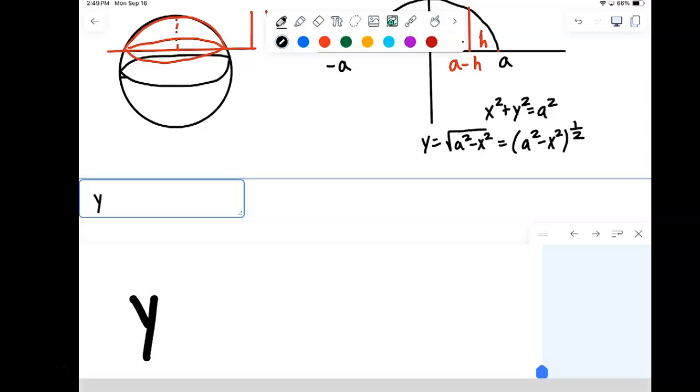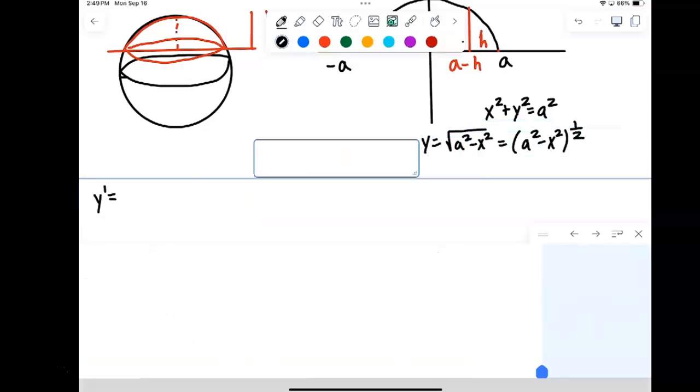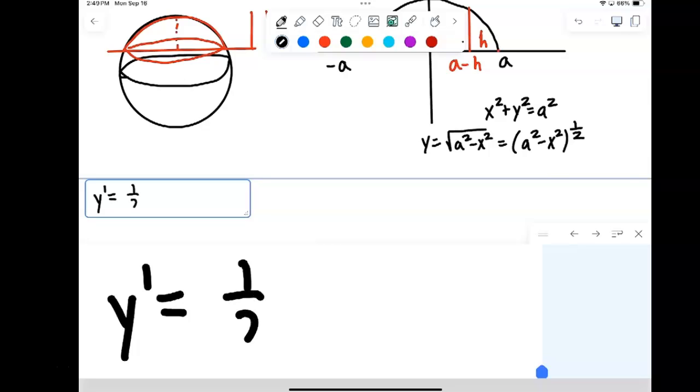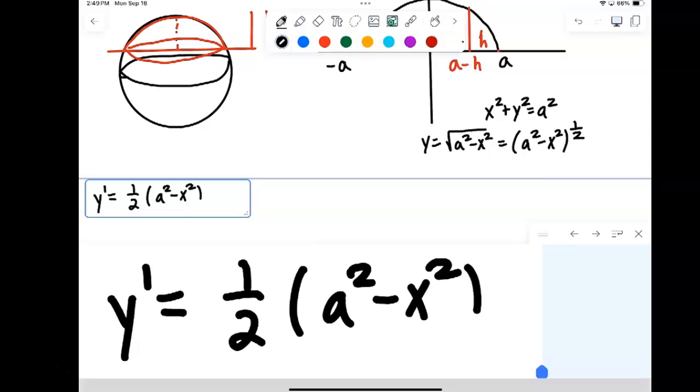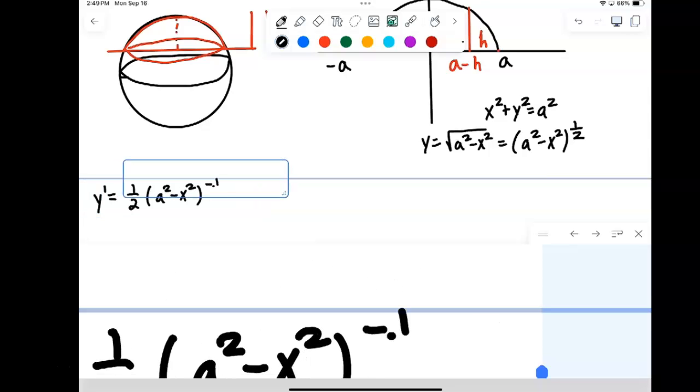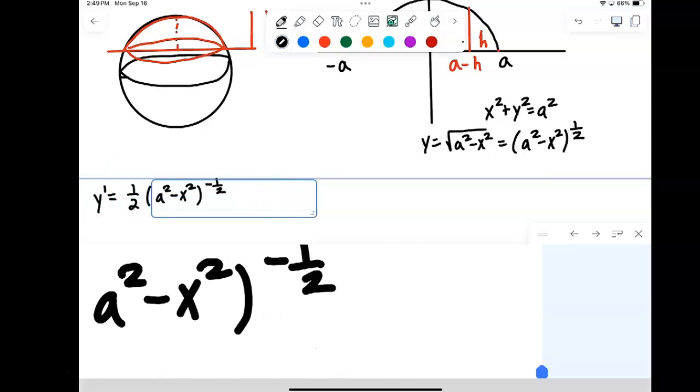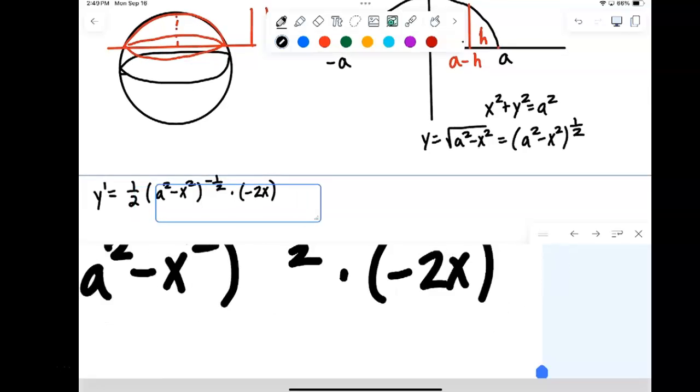So y prime by the chain rule, that stuff is to the 1/2, so it'd be 1/2 that stuff to the minus 1/2 times the derivative of a squared minus x squared. Remember, a squared is a constant, so its derivative is 0, but the derivative of minus x squared is minus 2x.